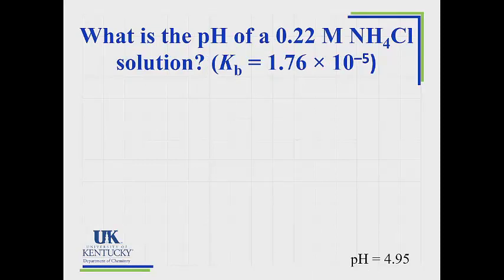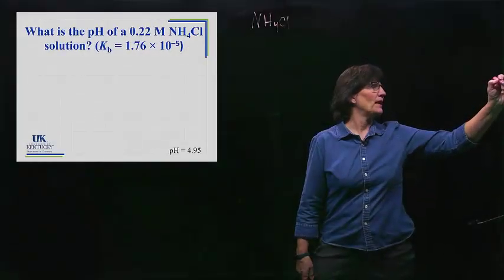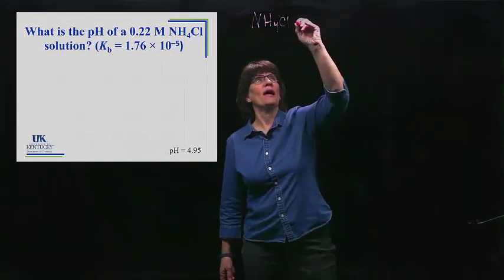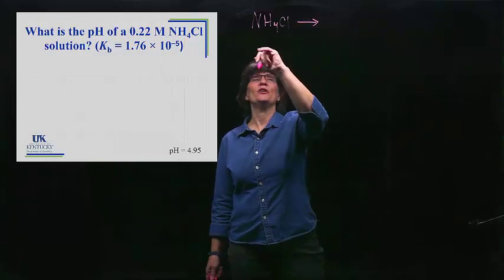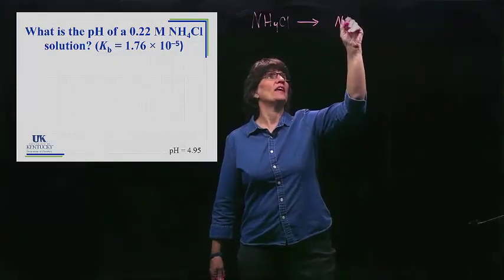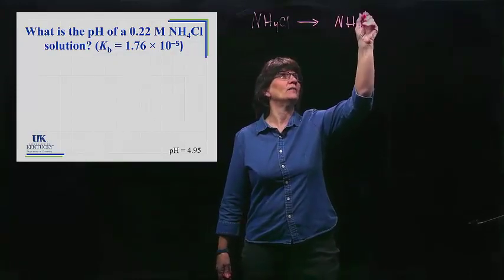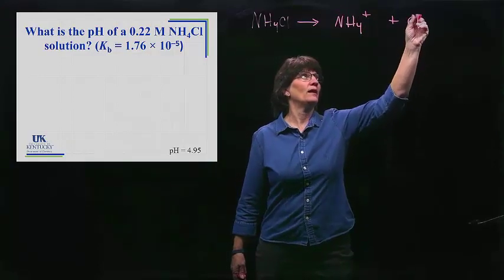So we've got ourselves ammonium chloride, NH4Cl. It is an ionic compound, so it 100% breaks apart into its ions. We have the NH4 plus ion and we have the Cl minus ion.